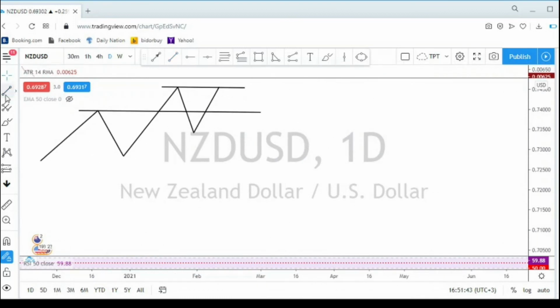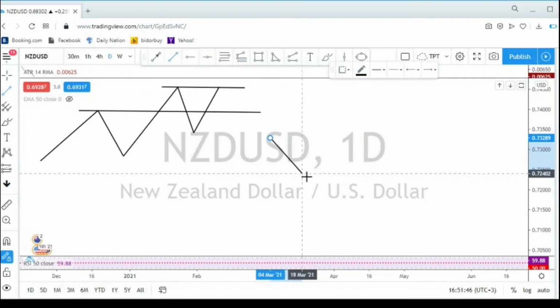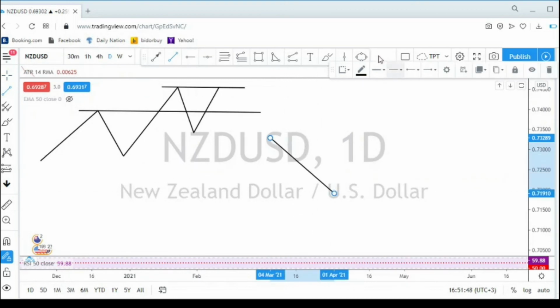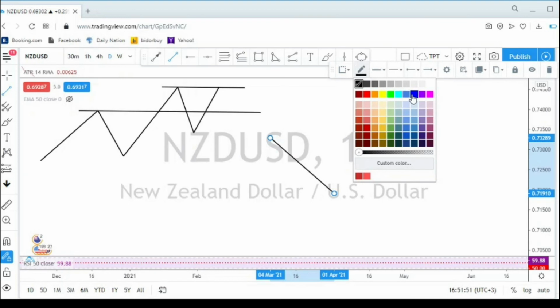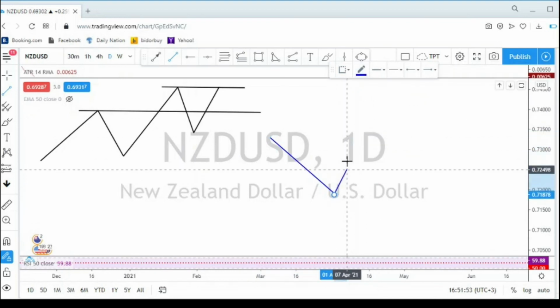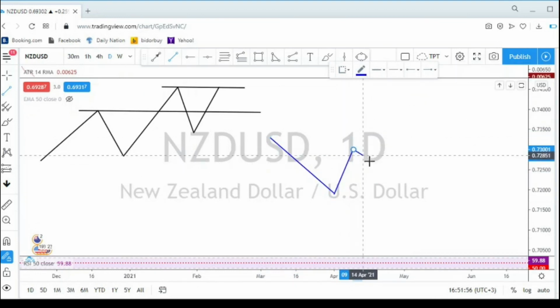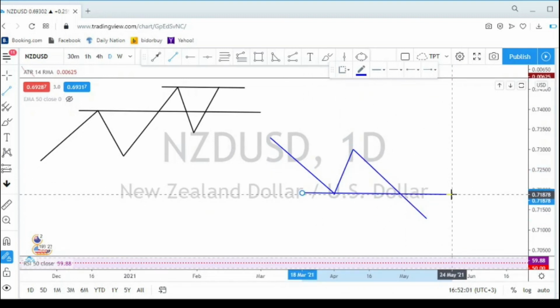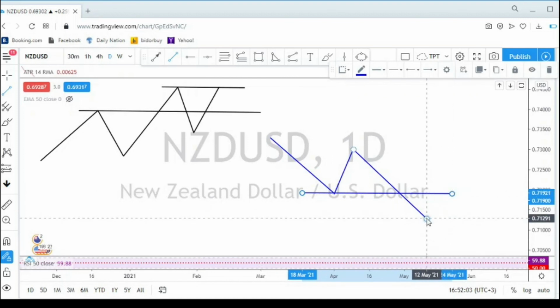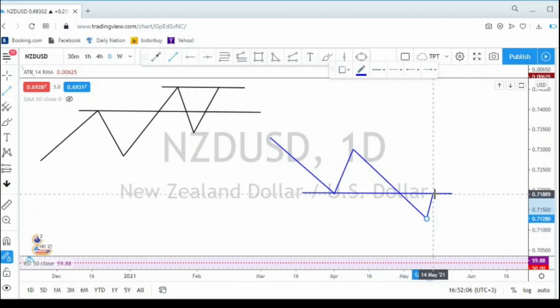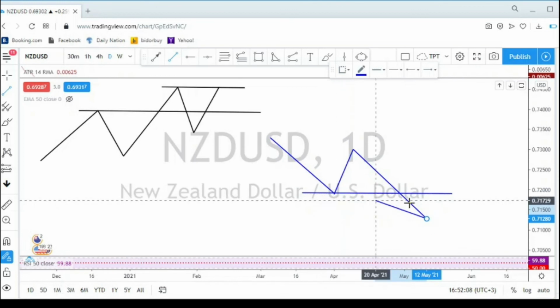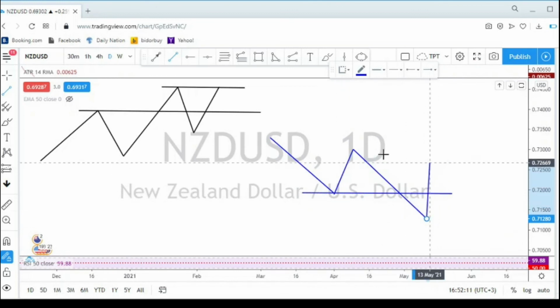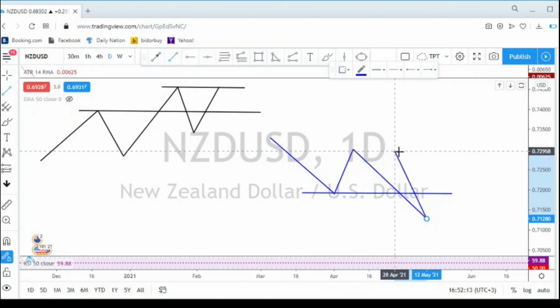A downtrend example, let's say a market makes an impulsive leg to the downside, then makes a pullback, and another impulsive leg that closes below this support level. So what you have to do is wait for this market to make a pullback to either this level of structure or this resistance level of structure, but it should not close above this level of structure.